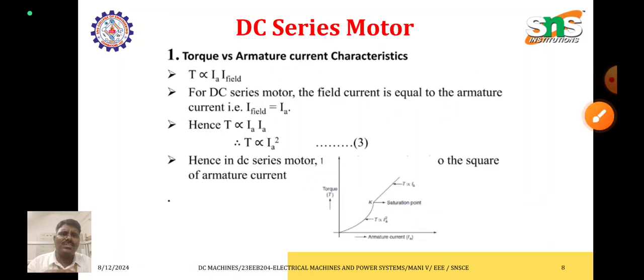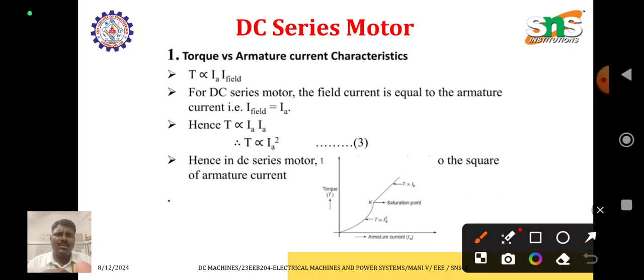And for the series motor, here the torque is directly proportional to flux into Ia. Here both field and armature are connected in series, so the flux is directly proportional to Ia. So Ia into Ia, Ia square. Initially, the field does not have any storage, so initially we have to supply to the field as well as the armature.